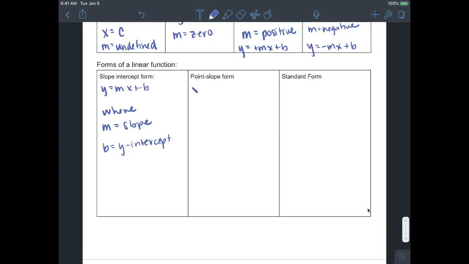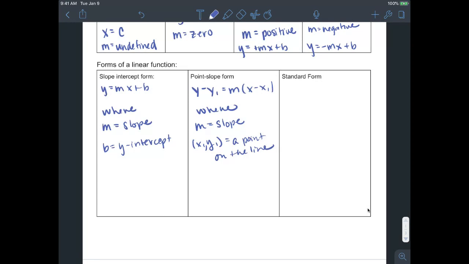So slope point itself is y minus y1 is equal to the slope times x minus x1, and where the parameters are m is equal to the slope and x1, y1 is equal to a point on the line.